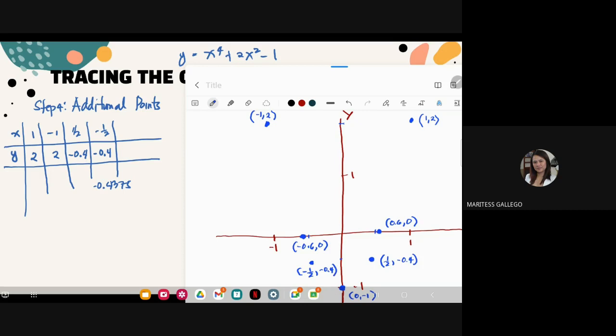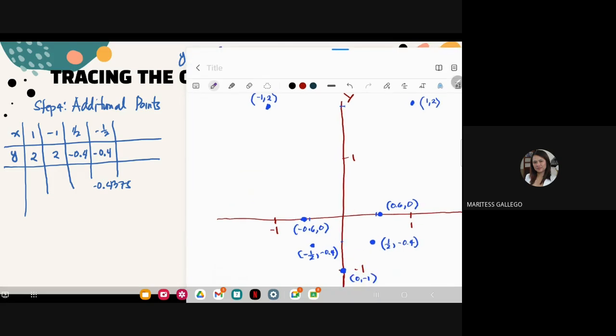So, ibig sabihin, wala nang graph, wala nang ibang points below negative 1. So, you can now finalize the curve. If we're going to finalize it now, ibig sabihin, ito yung pinaka-lowest. So, it is increasing.